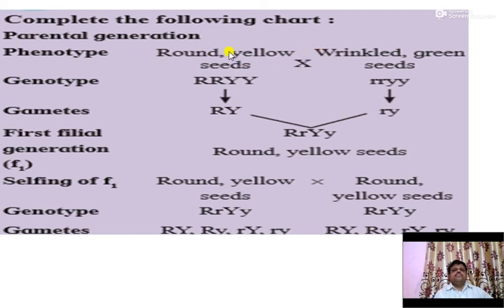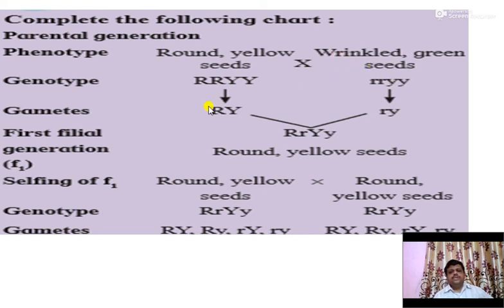Mendel crossed a round, yellow-colored seed producing plant with a wrinkled green seed producing plant. The phenotype round yellow has the genotype dominant R, dominant R, dominant Y and dominant Y. This is the genotype of the round and yellow seeds, and this is the genotype of the wrinkled green seeds.